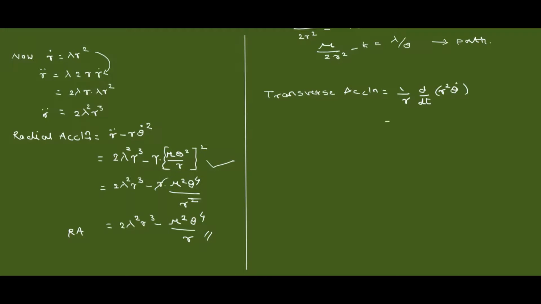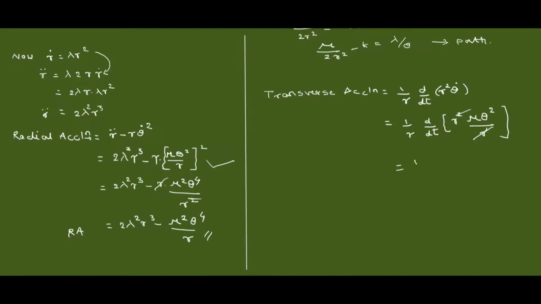So this is equal to 1 by r d by dt of r square. Substitute the value for theta dot. From equation 2, theta dot we can write it as mu theta square divided by r. Here one of the r gets cancelled.